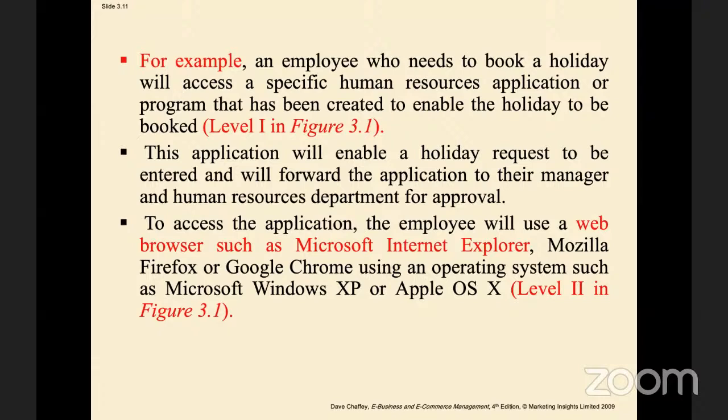Number 3, to access the application, the employee will use a web browser such as Microsoft Internet Explorer, Mozilla Firefox, or Google Chrome, using an operating system such as Microsoft Windows XP or Apple operating system X. Level 2 in figure 3.1, the software interaction layer.